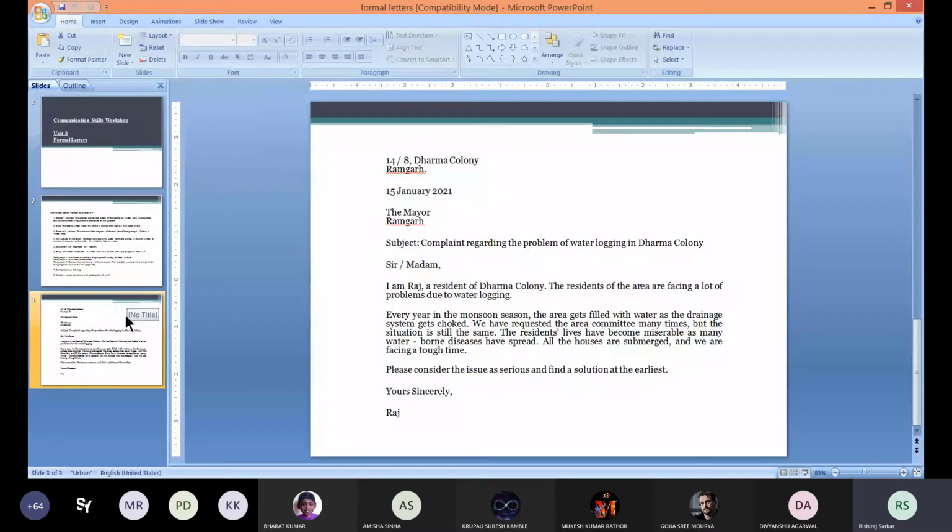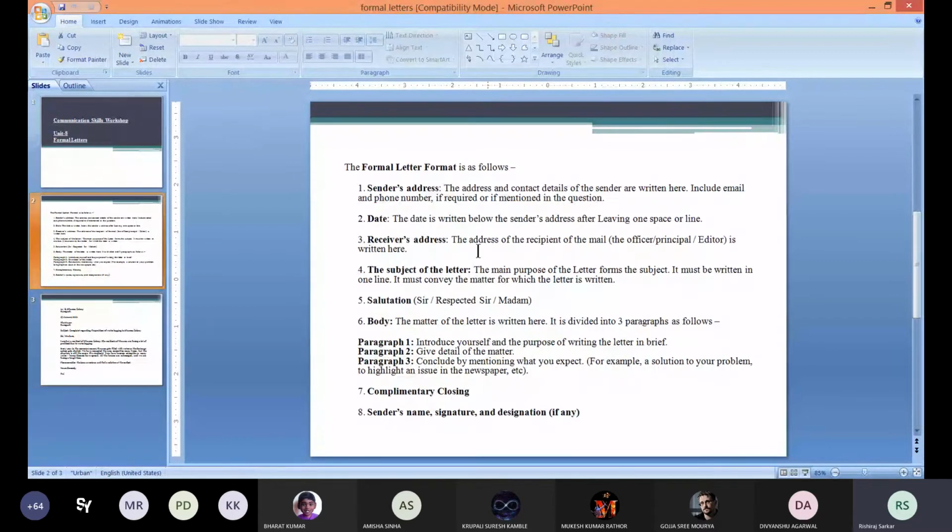That is the first thing you should understand. And then the sender's address along with the name. If you are able to, you can also write your name, or if you do not want to disclose your name, then directly your address. And then if you want to be more appropriate, you can give your email and phone number also, so that they can contact you.